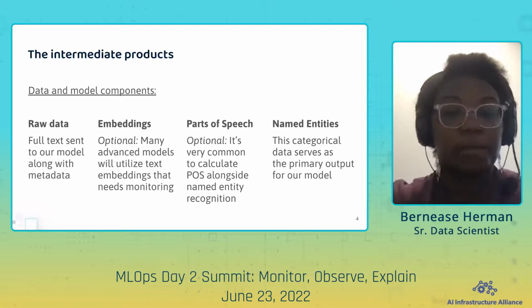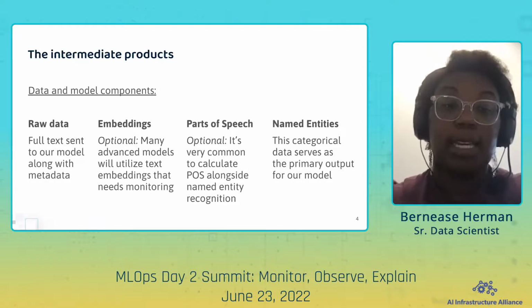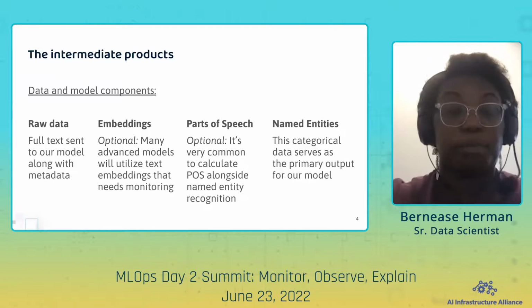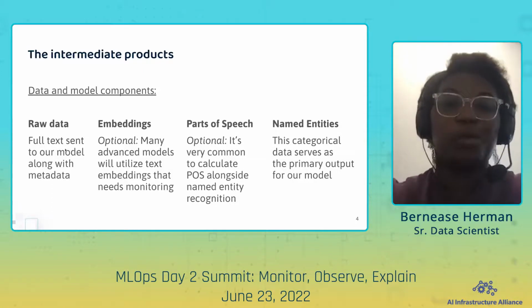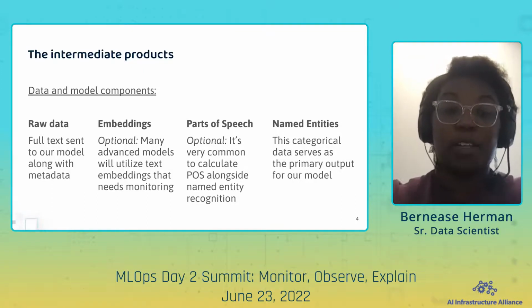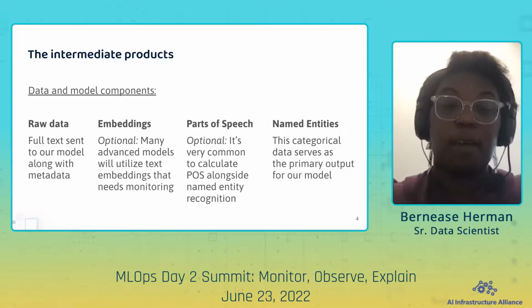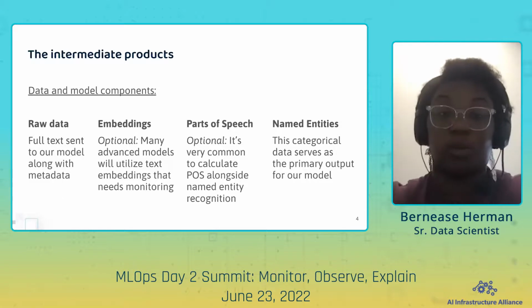An optional step, but a common one that we won't see today in our demo, is embeddings. So for some models, you will take this raw data and you will calculate or look up your pre-calculated text embeddings for each token or word. And you would want to monitor those as well, right?